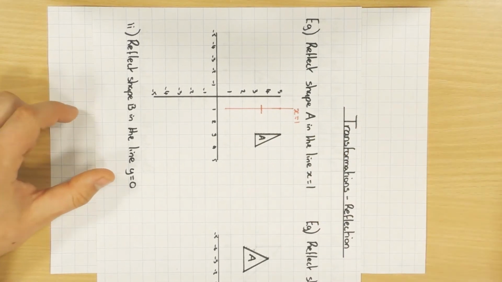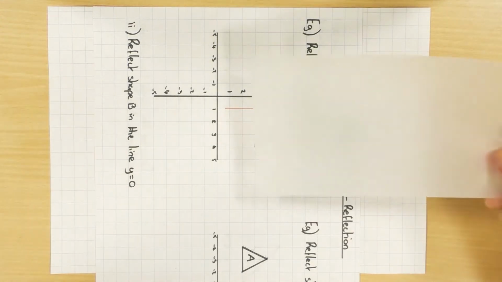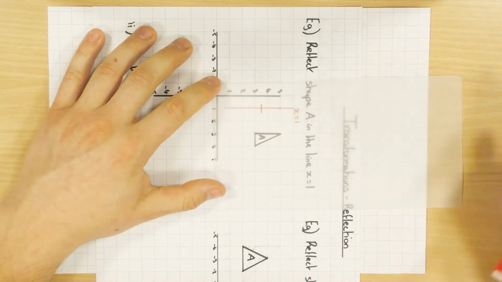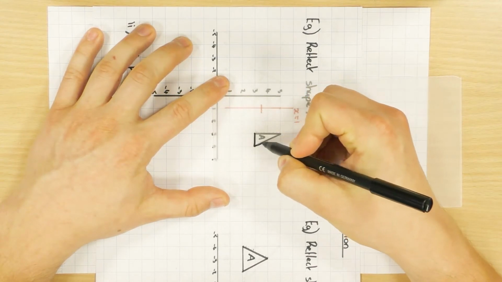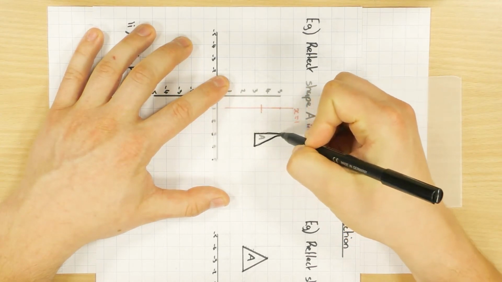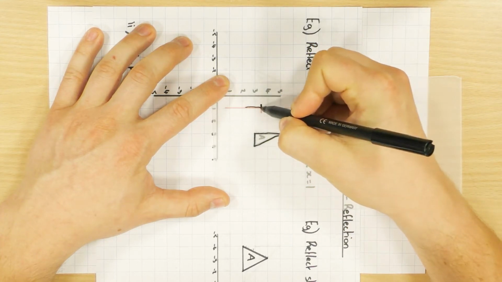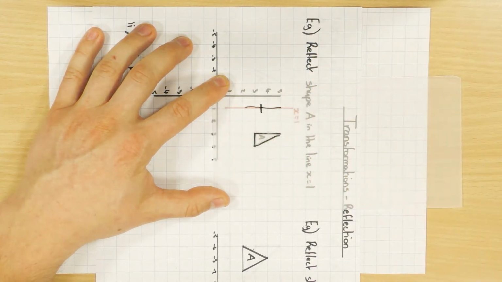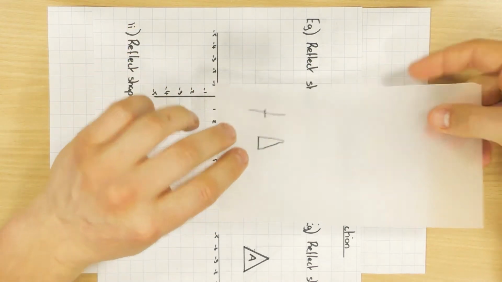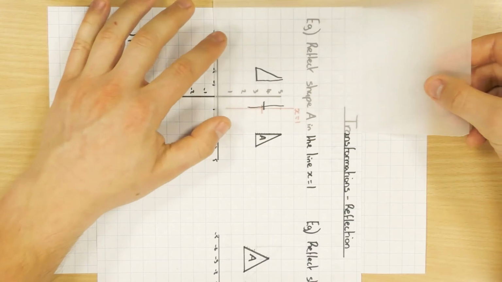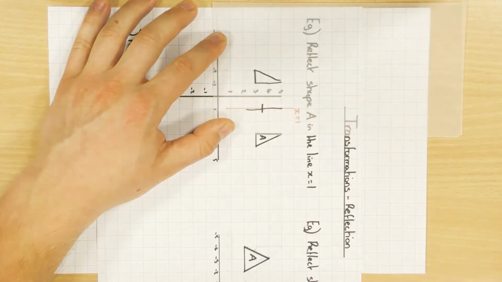The reason why I do that is when you get your tracing paper, and you're entitled to tracing paper in the exam, so if you haven't got some, make sure you do ask for it, you trace the shape and then your mirror line, and you can also trace that mark there. So when I lift it up, I've got a cross, and that way when you reflect it, when you flip it over, you can line it up exactly where you need to.